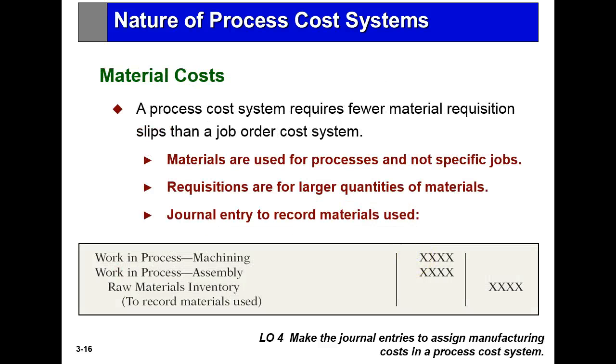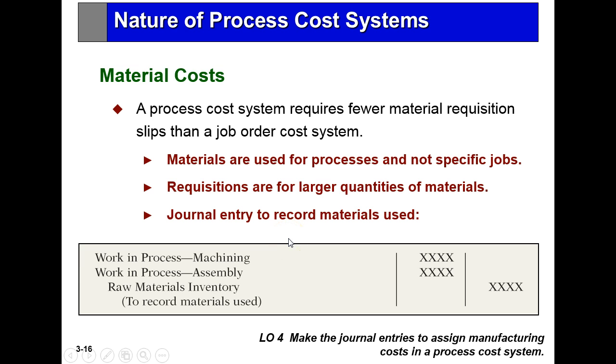How do we do material costs? The process cost system requires fewer material requisition slips than in a job order cost system. They're used for processes and not specifically for a job. Requisitions are for big numbers, so many materials might go directly into the machining, and so many might go directly into just the assembly.